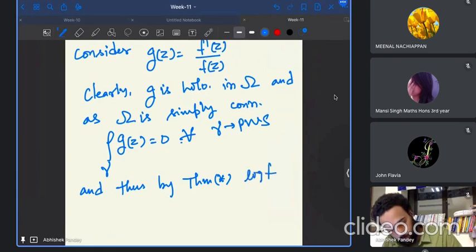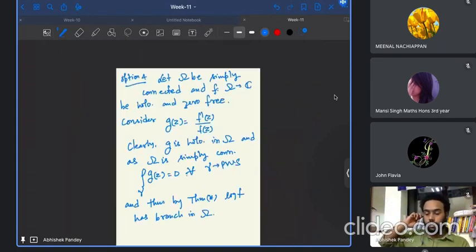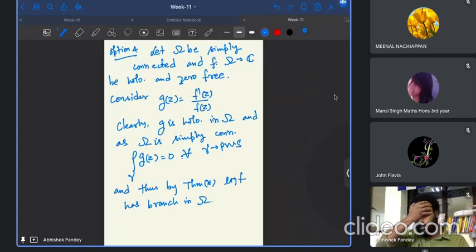Log f has a branch in omega. So basically, in every simply connected domain, if a function f is holomorphic and zero free, then log of f has a branch.